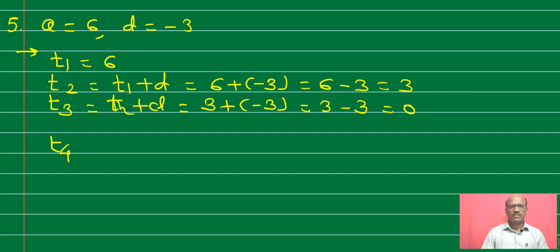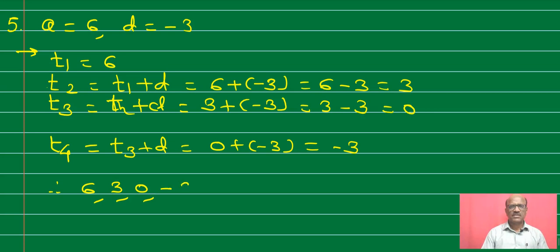T4 is equal to T3 plus D, that is 0 plus in bracket minus 3, which is minus 3. Therefore 6, 3, 0, minus 3 is the required AP.